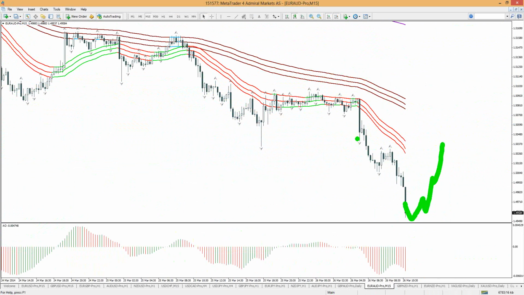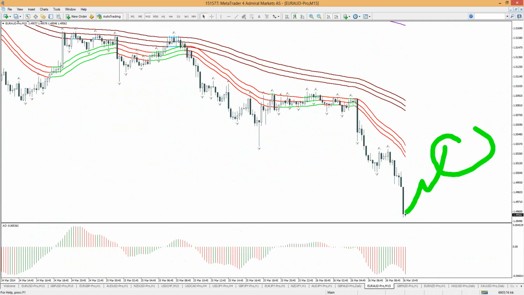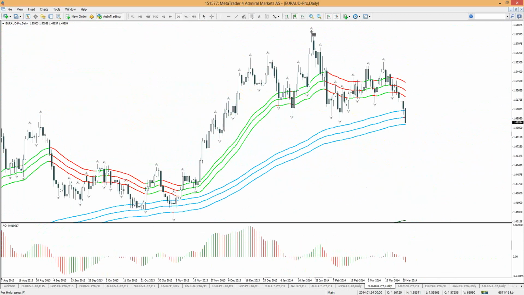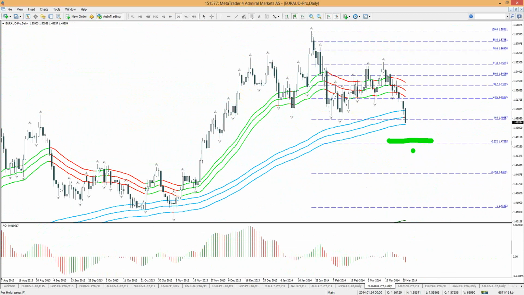So the only thing you can do, if you want to trade with the trend, is wait for the retracement and then wait for the bounce for more downside. If you're waiting for a reversal trade, then you need to zoom out to higher time frames and understand the structure of the market. We look at this and say, okay, price can go to the -272 target.